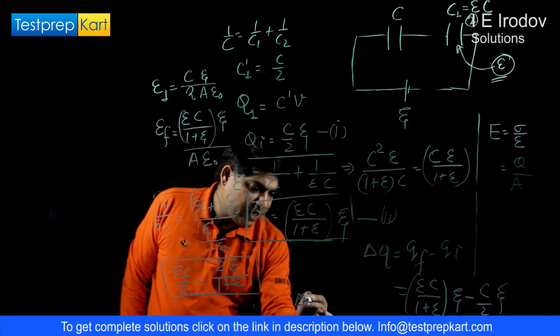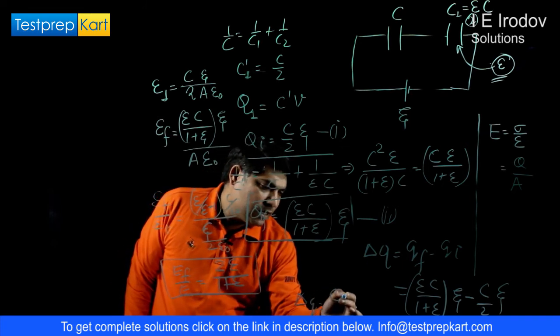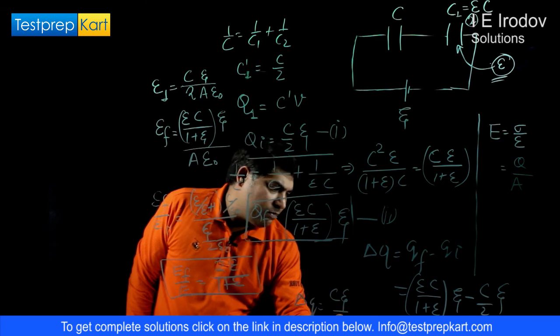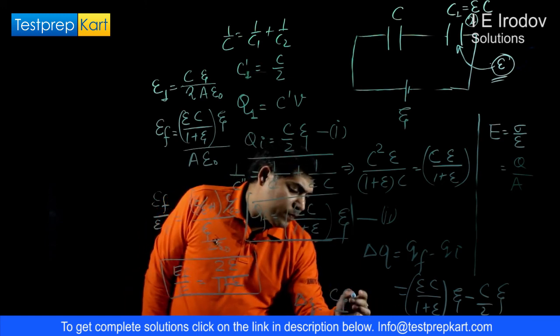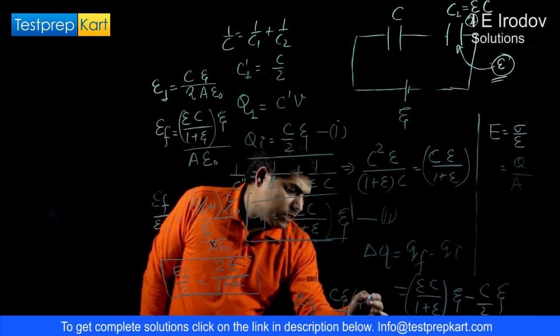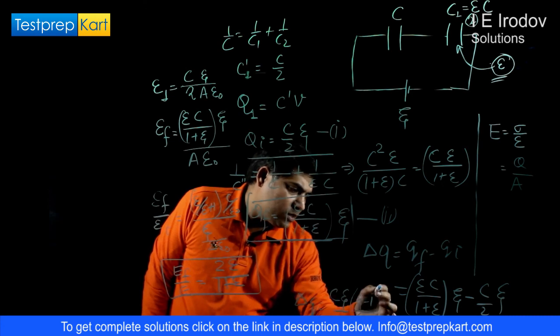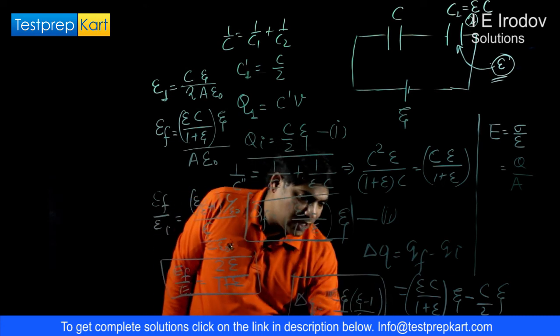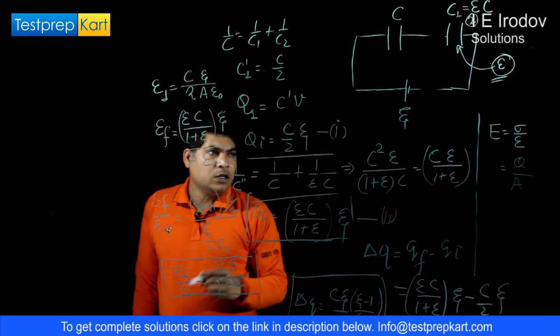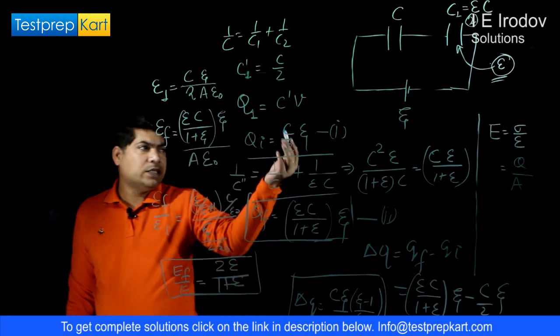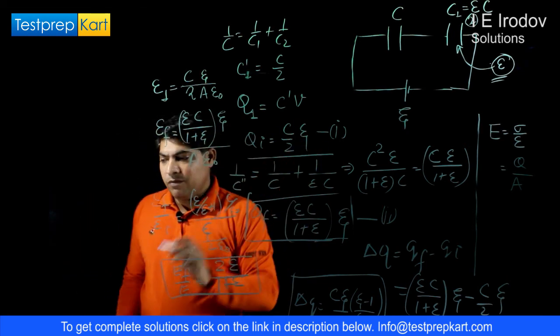If we simplify this expression, we get C into EMF by 2 into epsilon minus 1 upon epsilon plus 1. So this is the charge flowing through the cell when we insert a dielectric in one capacitor.